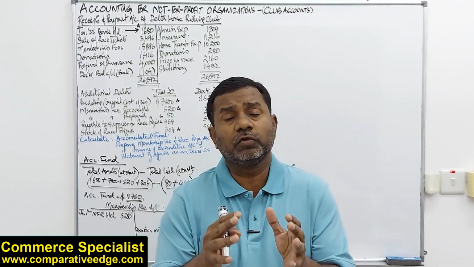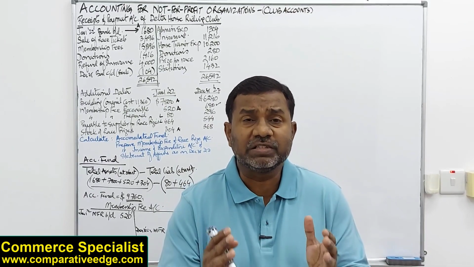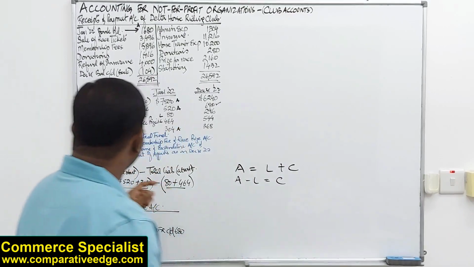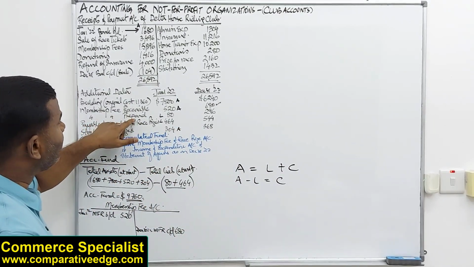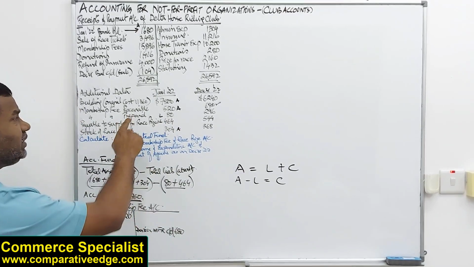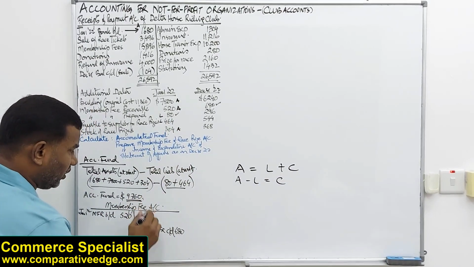Now you also have to check in the question, are there any membership fees received in advance, which is prepaid? So we have membership fee prepaid, opening balance and closing balance. Please remember, if membership fees are received in advance, it's a liability. So opening balance of a liability will be on the credit side.